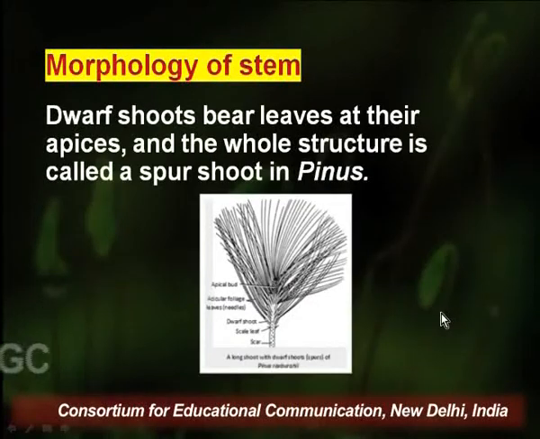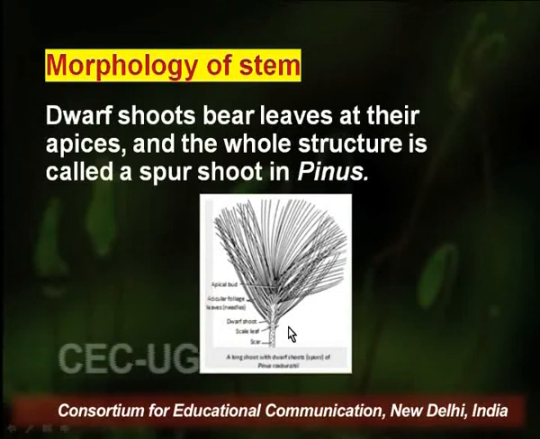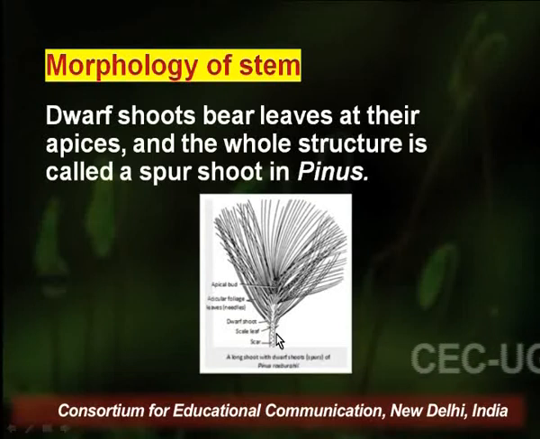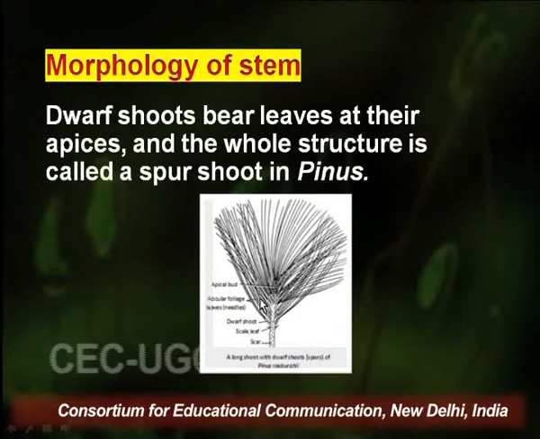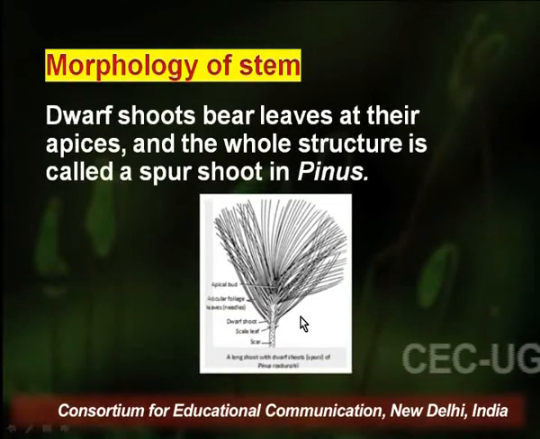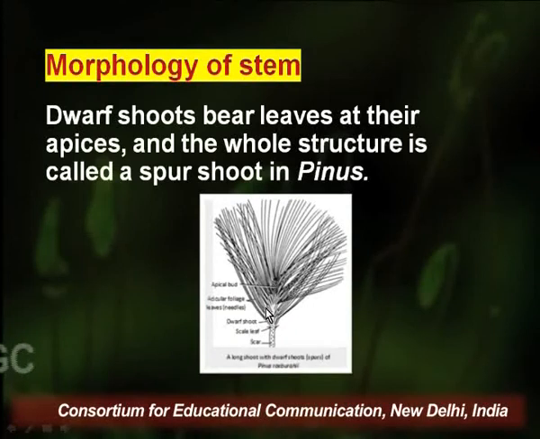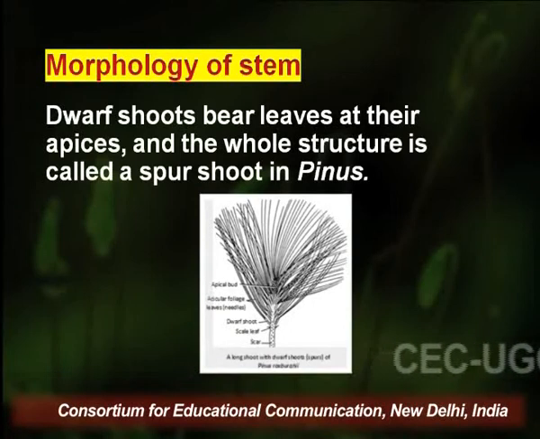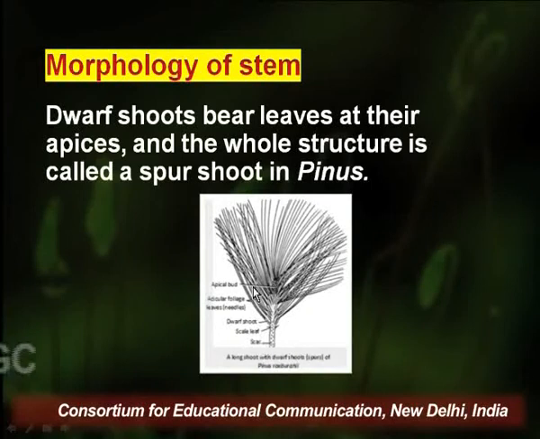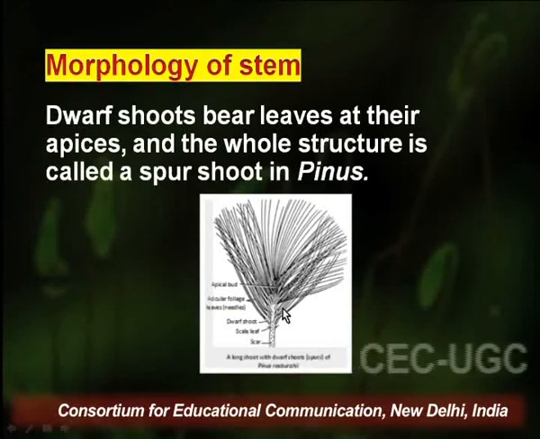The dwarf shoots bear leaves at their apices. So here there is a diagrammatic representation of a dwarf shoot, and you can see multiple leaves coming out from the apices of these dwarf shoots, and this entire structure of dwarf shoot bearing multiple leaves is termed a spur, and this is a very common feature of any of the conifers.